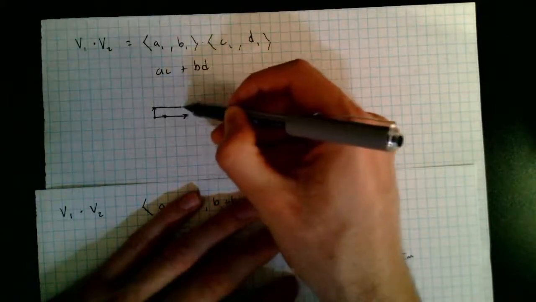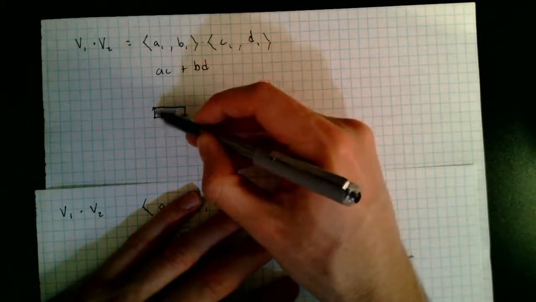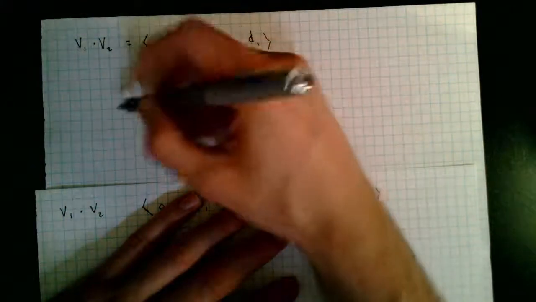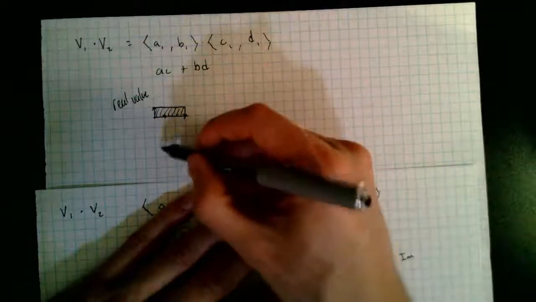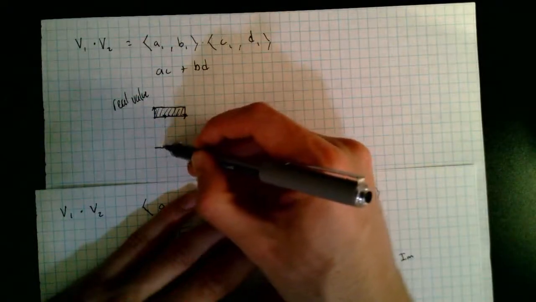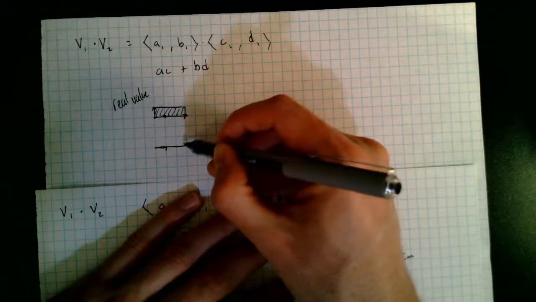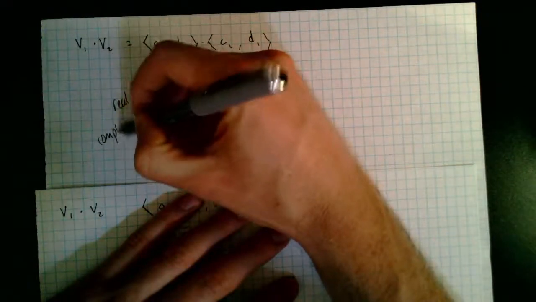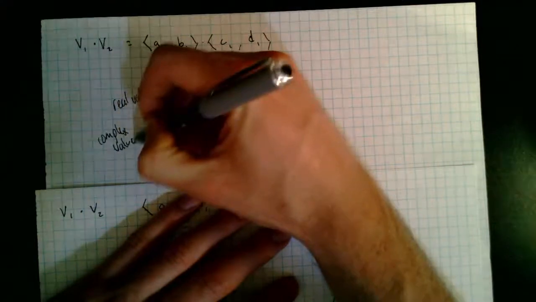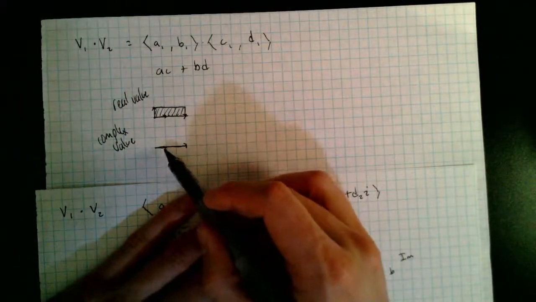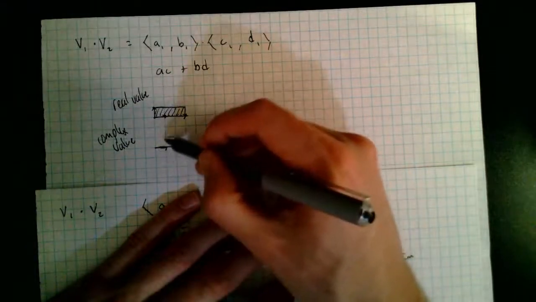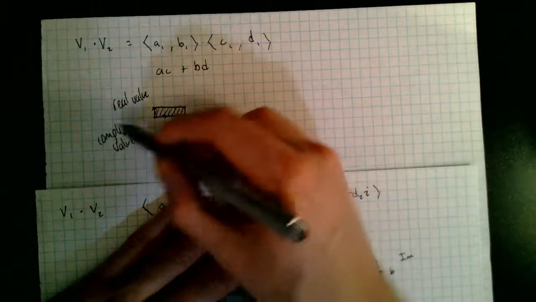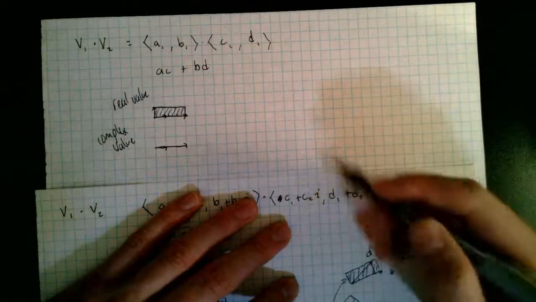And now this area, that's the real value. And we said it's the same as the complex case, so let's draw them here. And do you remember how we got the complex value? What did we do? We took the cross product here, but the cross product here is 0, right? Because you don't have any perpendicular component. So that's why you get 0 as the complex value.